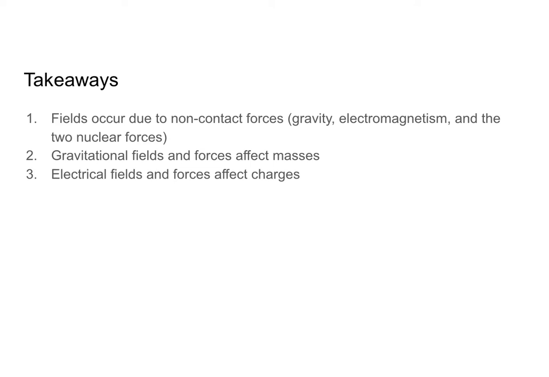And so let's go ahead and go through some takeaways. So first of all, fields occur due to non-contact forces. And there are exactly 4 non-contact forces that we are aware of. The first 2 we've talked about, gravity and electricity, which here you can see I've written as electromagnetism because, as you will learn later, electricity and magnetism are deeply entwined with one another.